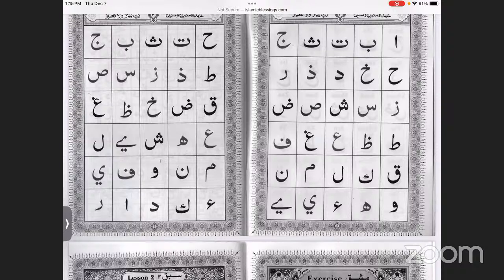You can get it, inshallah. Sin, sheen. How can you remember? You have to keep practicing, keep reading, keep reciting. Inshallah, you will remember.